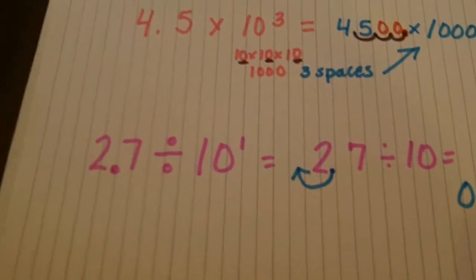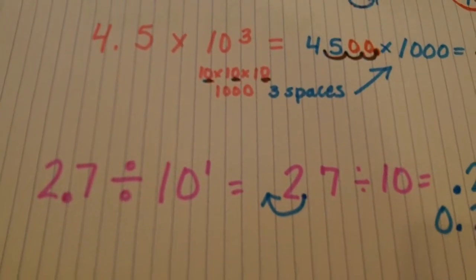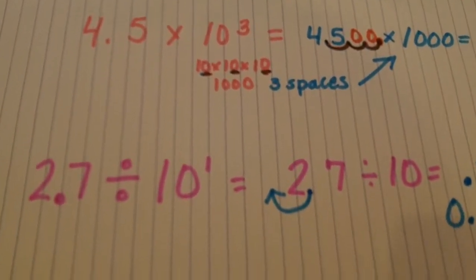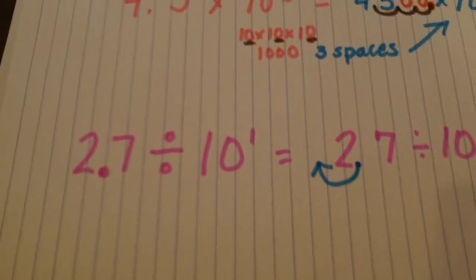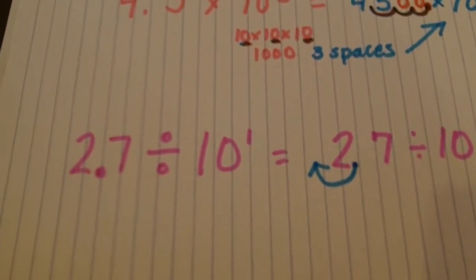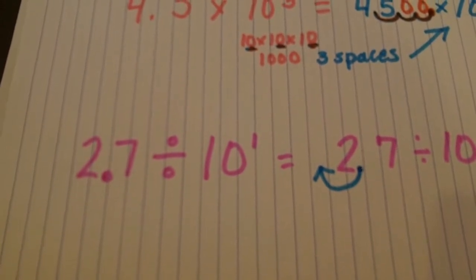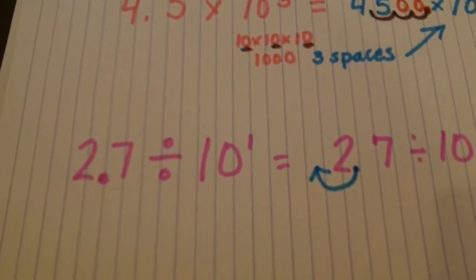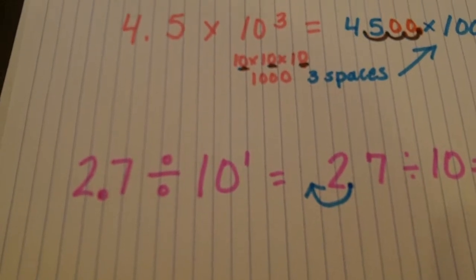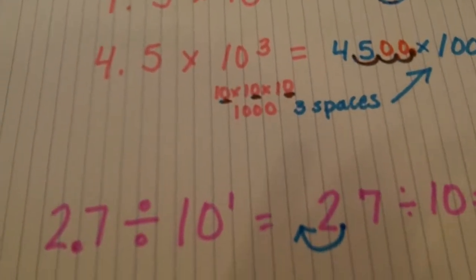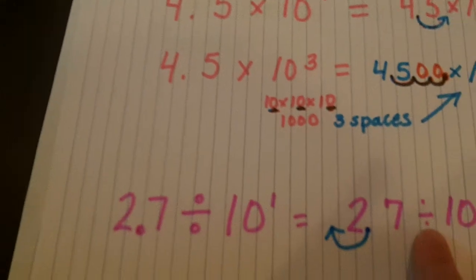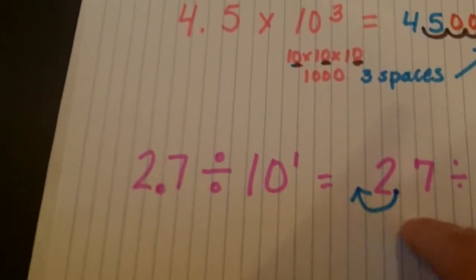So now let's take a look at division. Don't be concerned, we're just going to go the opposite direction. 2.7 divided by 10 raised to the first power. Because once again we're working with a decimal, now I am not going to increase the value, I'm decreasing it.